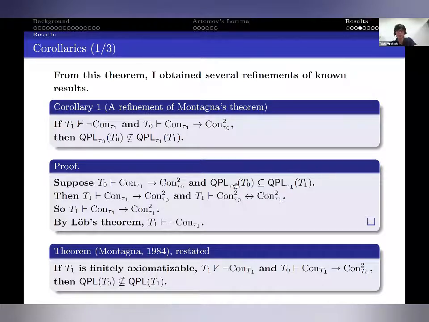And from my theorem, this inclusion implies T1 proves this equivalence. Then T1 proves con tau 1 implies con tau 1 too. Then by Löb's theorem, T1 proves the negation of con tau 1. So I obtained the refinement of Montaña's theorem.